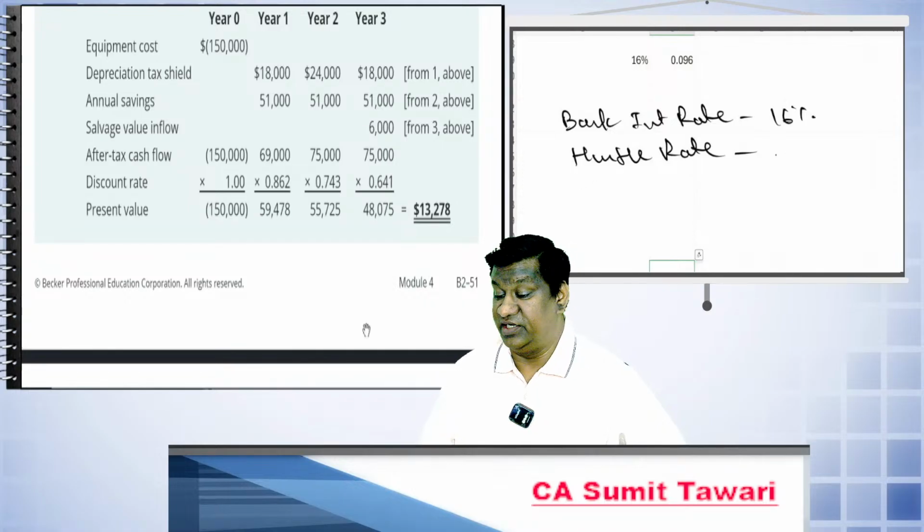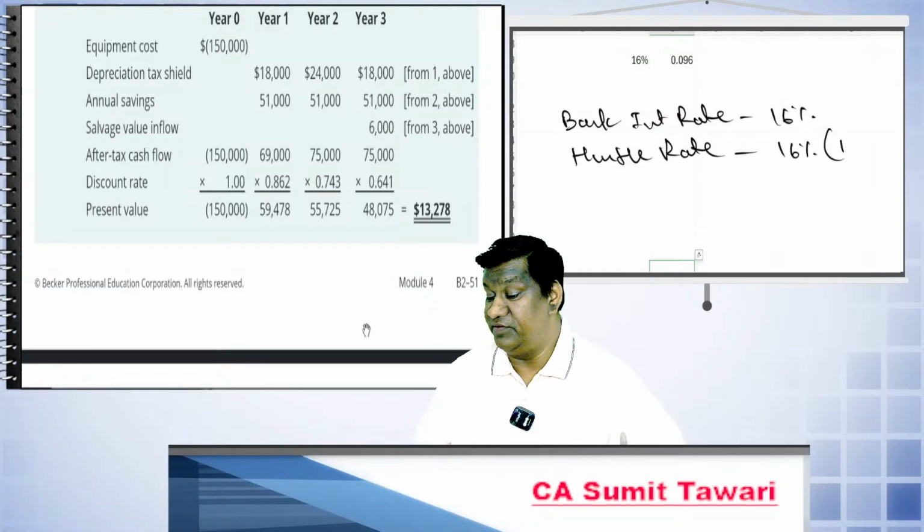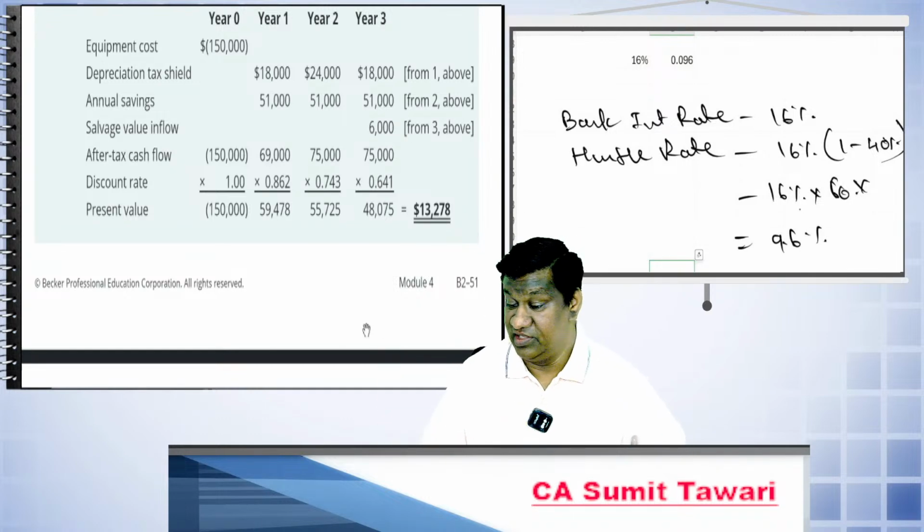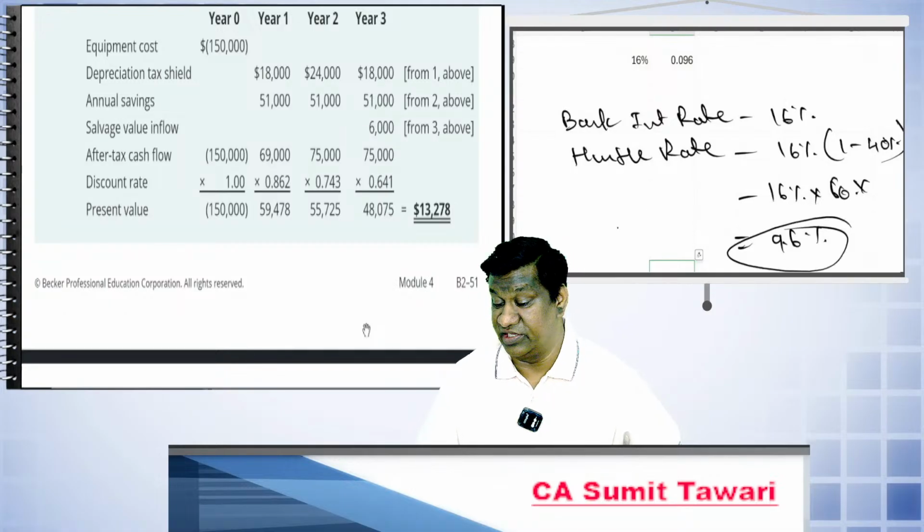As the tax rate given is 40%, so 16% multiplied by 1 minus tax rate. So 16% multiplied by 60%, because the interest is tax deductible, so it is 9.6%, and then you need to calculate the discounting factor, that you need to consider as a discounting rate.